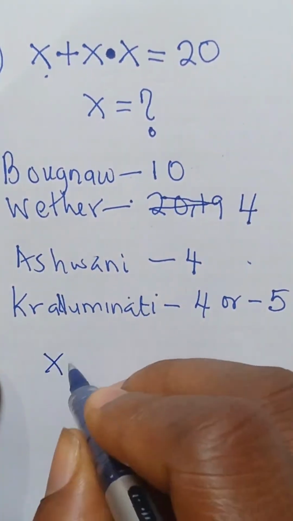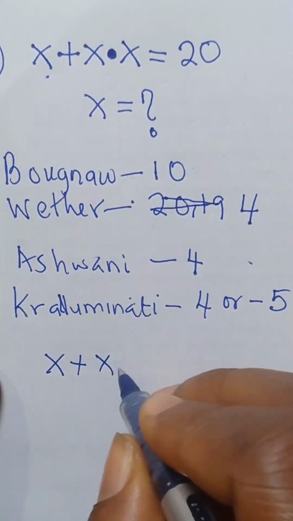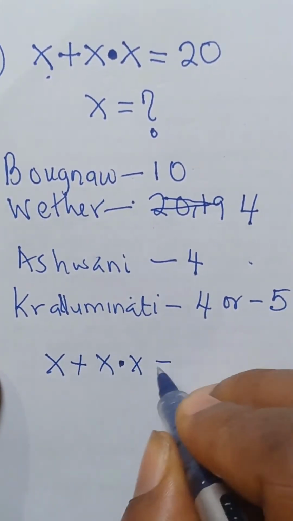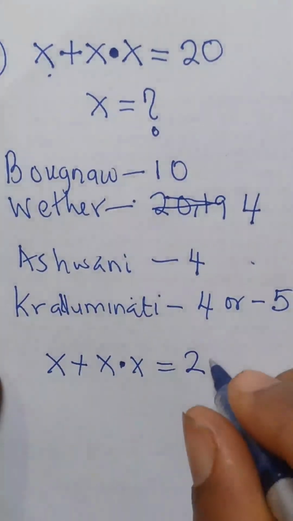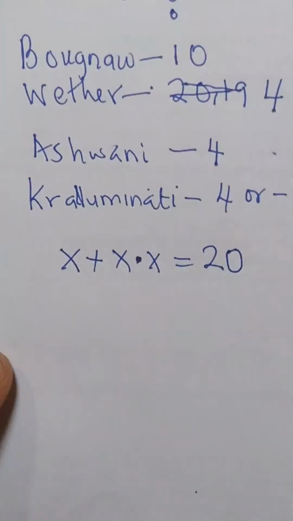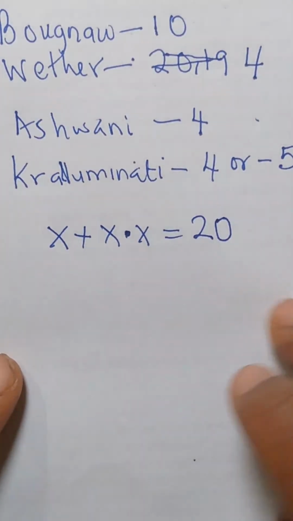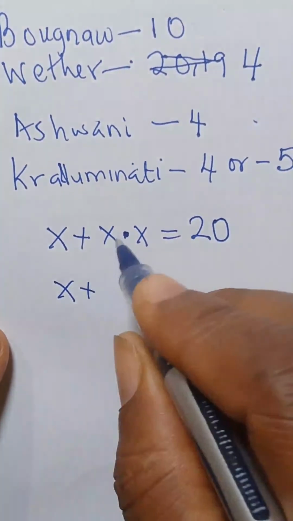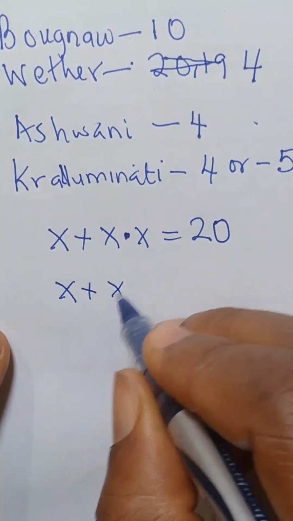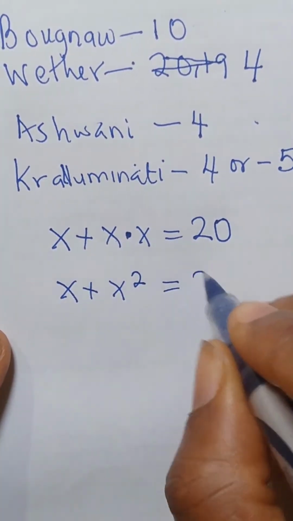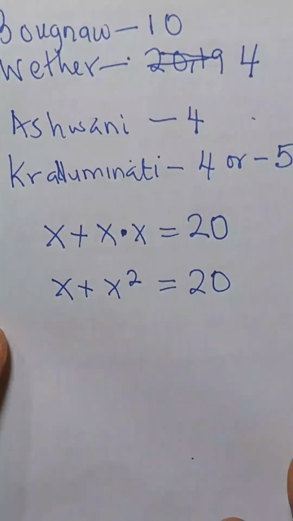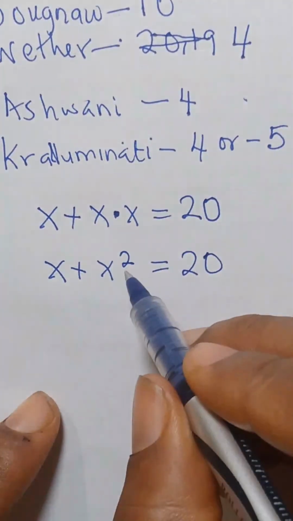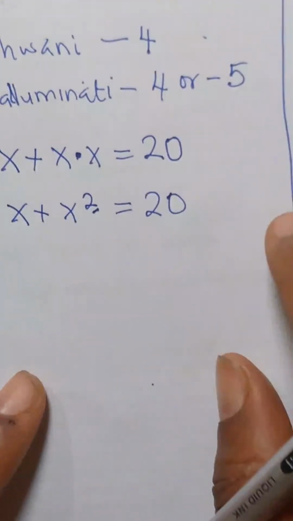So we are given x plus x times x equal to 20. Whenever you're given a question, the first thing is to simplify it. We have x plus x times x, which gives x squared, equal to 20. Whenever you see x squared, it is a quadratic equation.